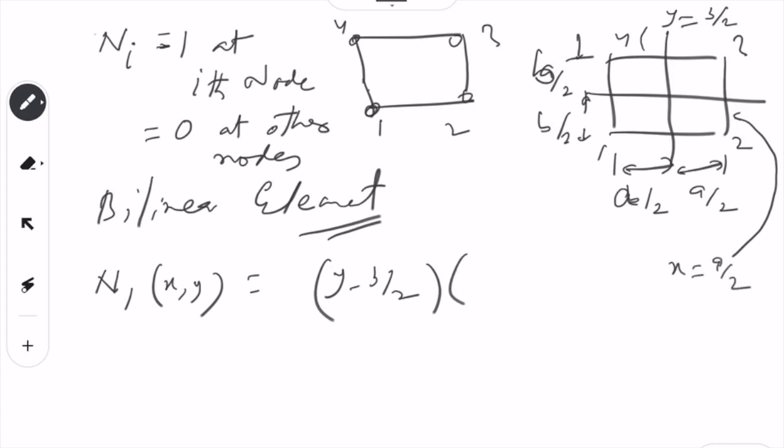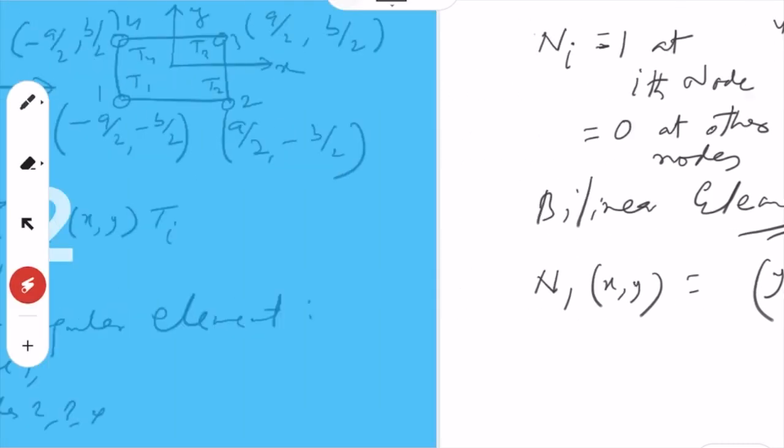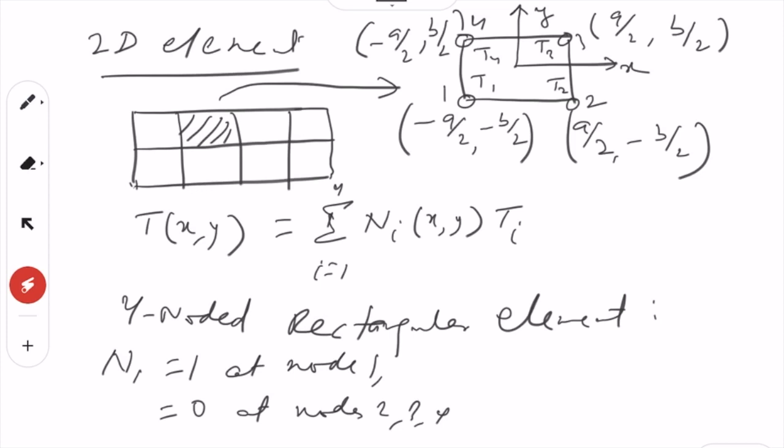So, if you multiply by x minus a over 2, then automatically, if you look at this one, if you have y minus b over 2, the value of n at both these points will be 0.